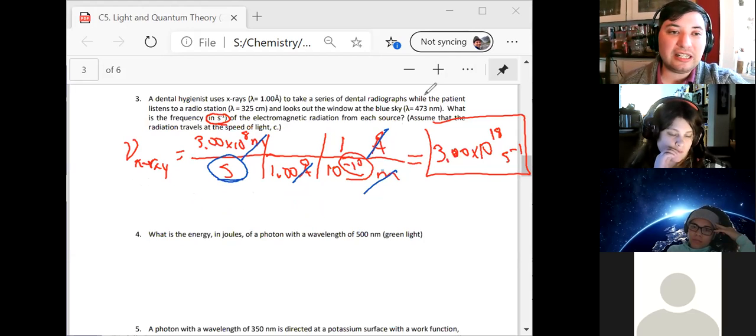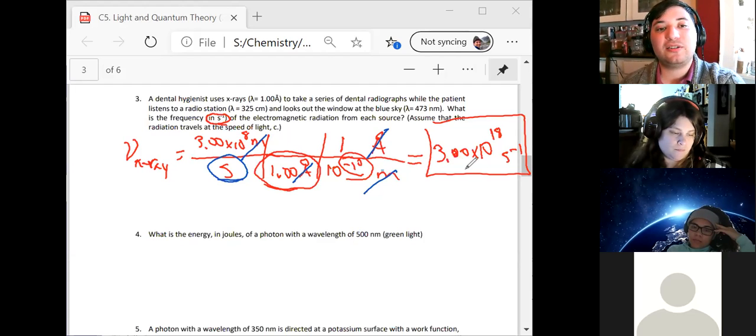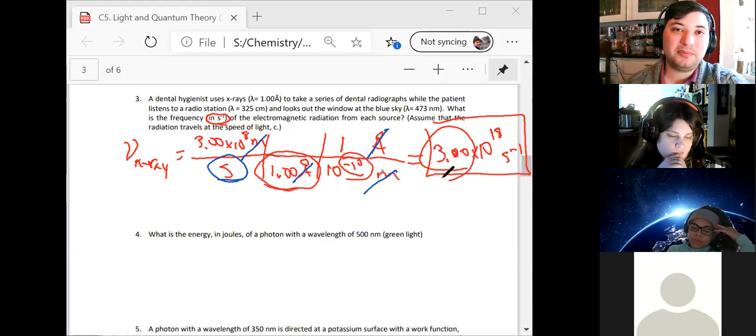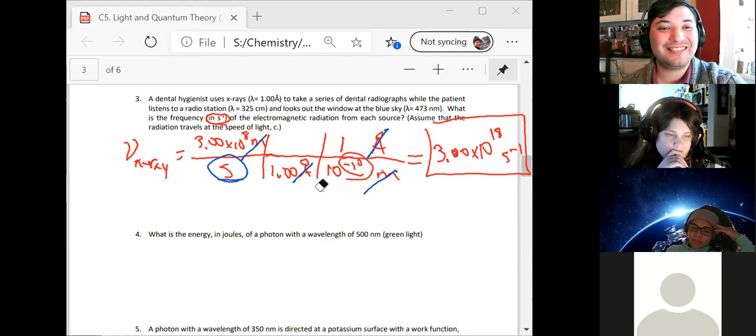Because I gave you 1.00 angstroms, your final answer does need to be constrained to 3 sig figs. So 2.998 will round to 3.00. Oh, that makes sense. So your math was totally fine, totally correct. It's just a question of sig figs. Got it. Okay, that makes sense.